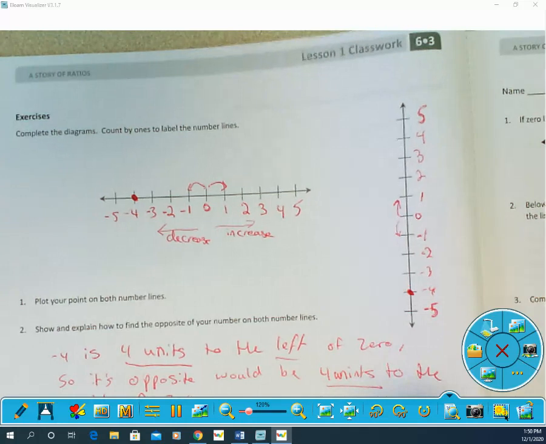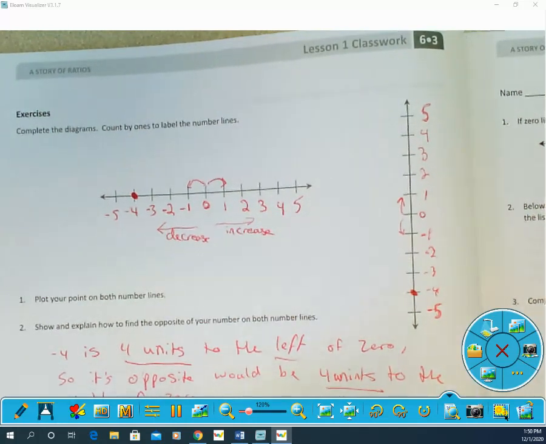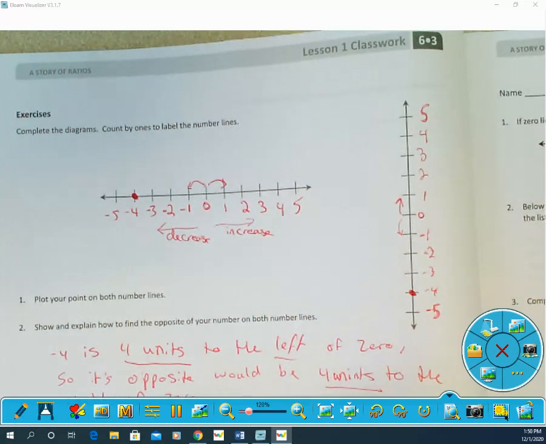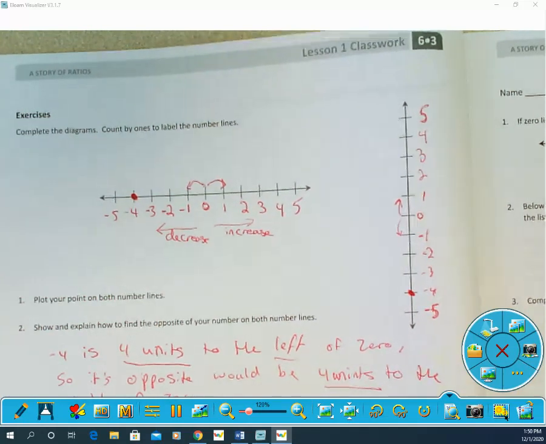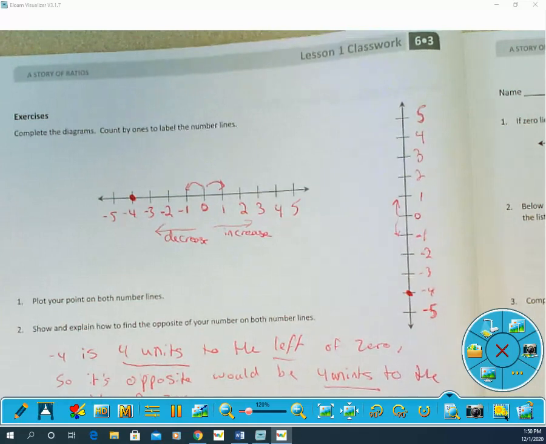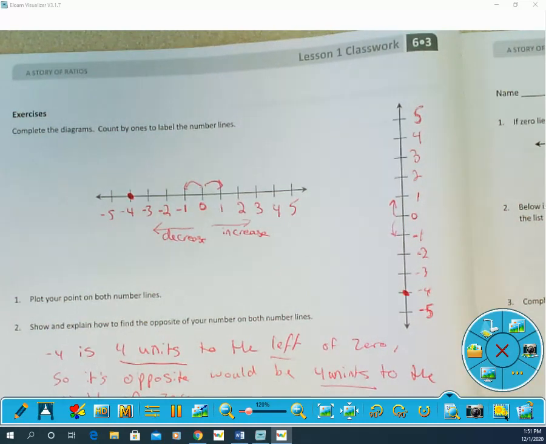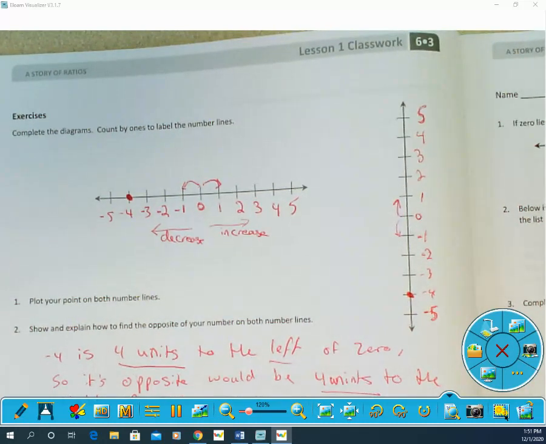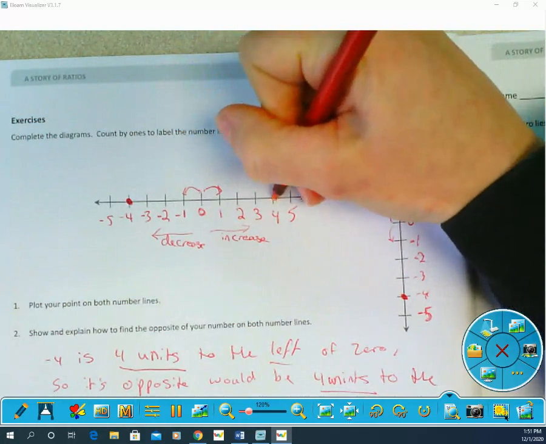So its opposite would be 4 units above 0. Then it says mark the opposites on both number lines. Okay, so I already know that the opposite of -4 is going to be +4.